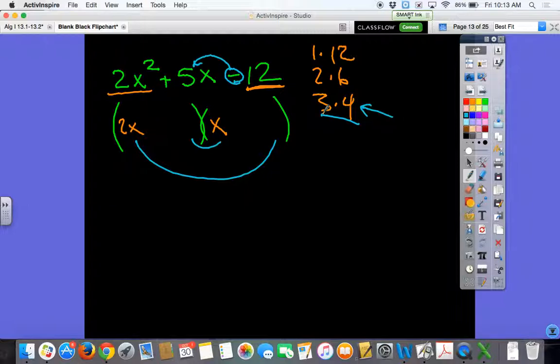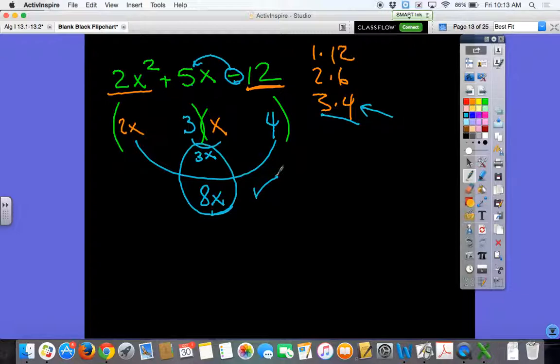So let's put the 4 here and the 3 there. 2 times 4 is 8x. 3 times x is 3x. Do these two subtract to 5? Yes, they do. So you've got everything in the right place, and that's a big deal.